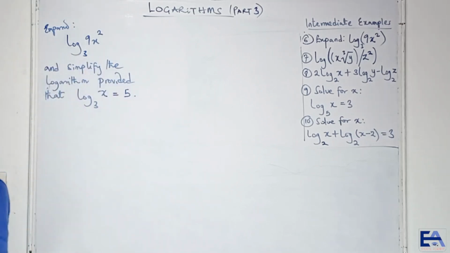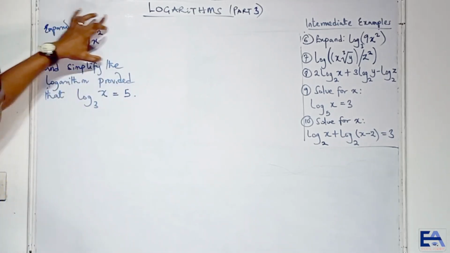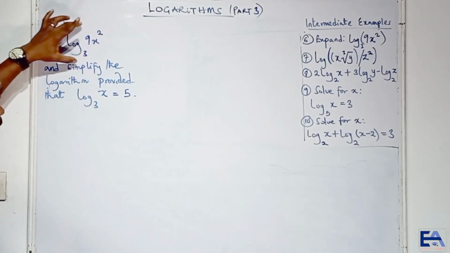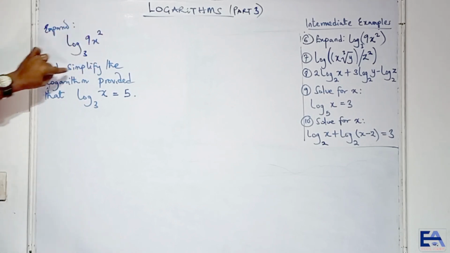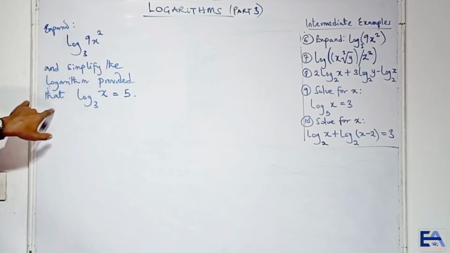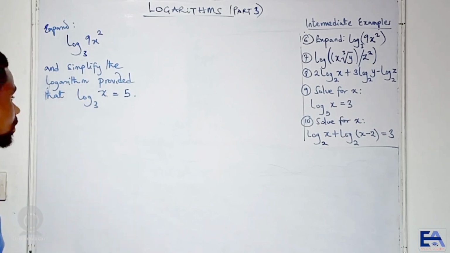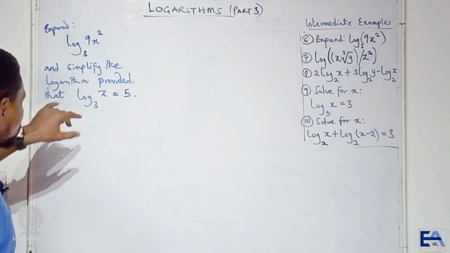So let's say the question says expand this. Then after you are done expanding it, it says simplify the logarithm provided that log x to base 3 is equal to 5.